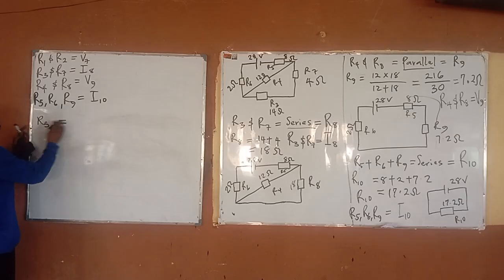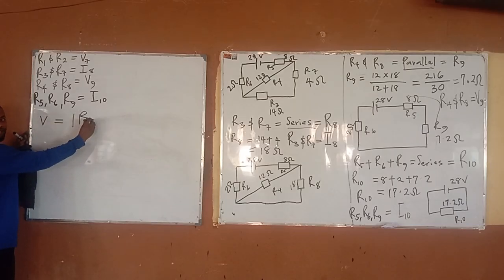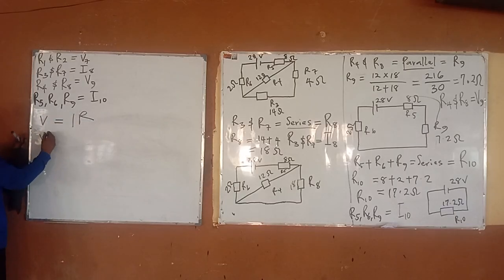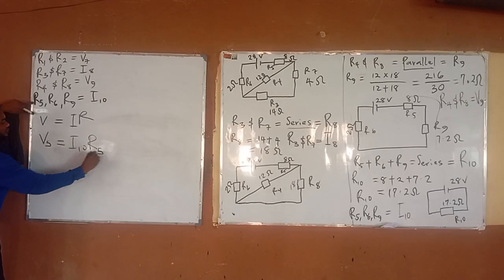We are going to find V5. Ohm's law gave us V equals IR, and I'm sure you remember. So if this is R5, the voltage will be V5 equals, the I for this resistance 5 is going to be I10, because that's the current in, then the R itself is now R5.